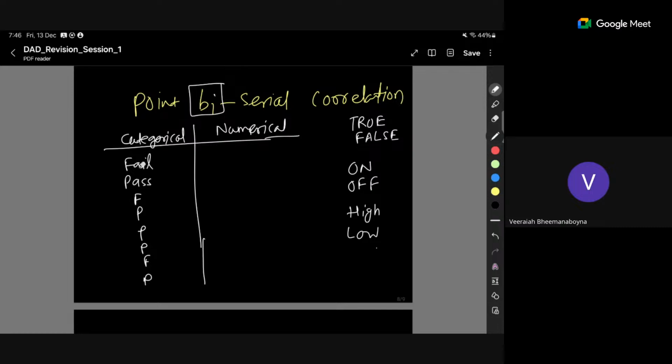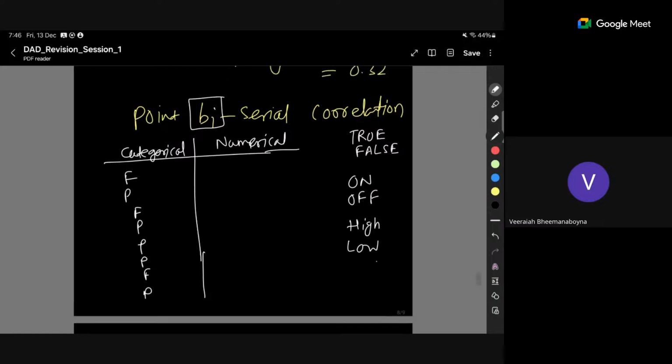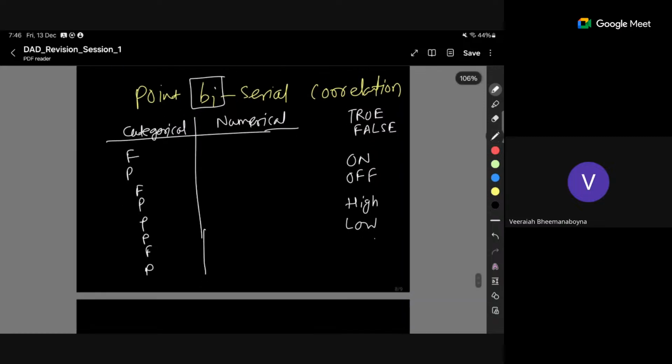Let's say their marks were 2, 3, 16, 17. Doesn't look like 3 is failed and 16 is passed, but it's just some kind of data.